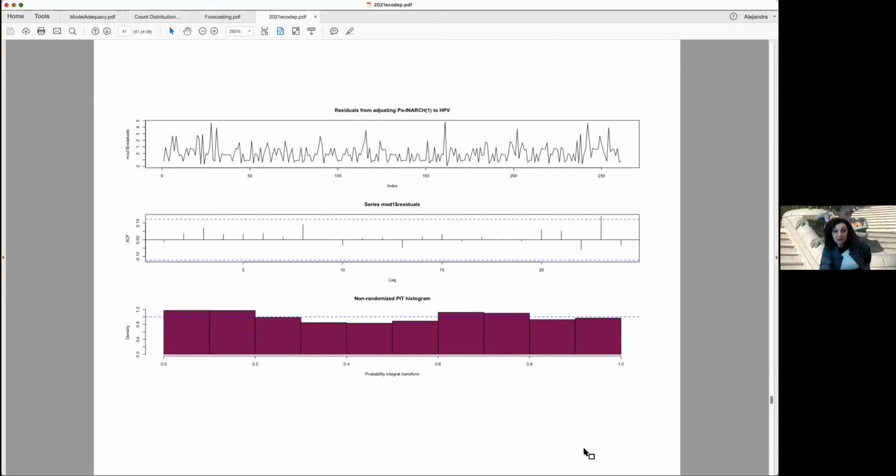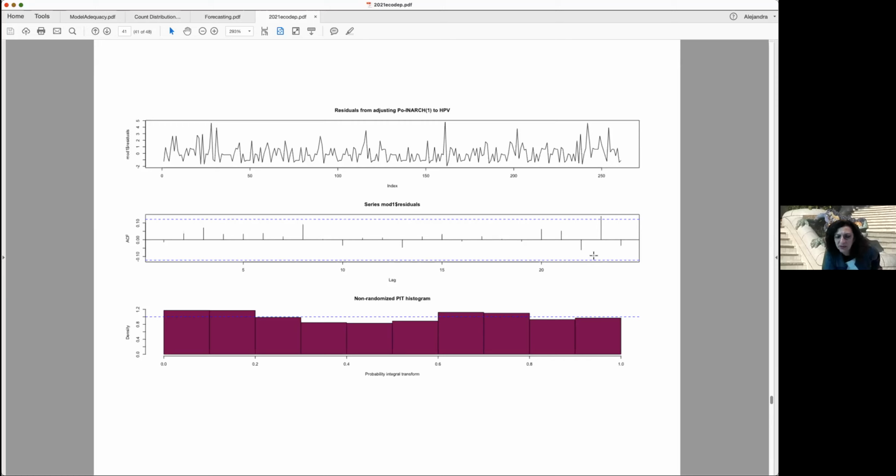We can do the same thing we did before. Again, Poisson residuals here. More or less, they look the same, with more or less the same variance as the ones we had before. The autocorrelation function shows that the data are non-correlated, except again in this lag.